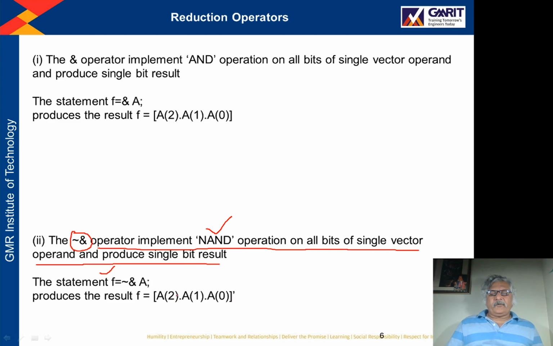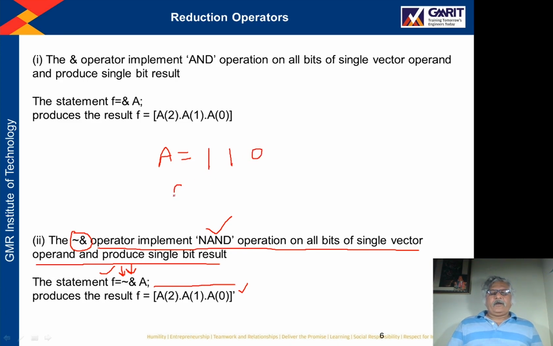This AND operation is done due to the ampersand symbol, and due to this tilde, the complement of this will be done. So here you see this single tick is mentioned, so this indicates a NOT operation. So this operation will be performed. Let us assume we have the value of A as 1, 1, 0.